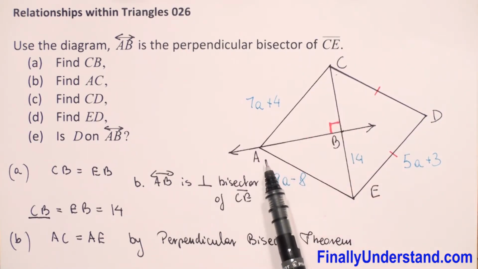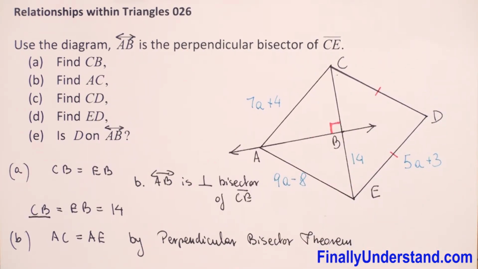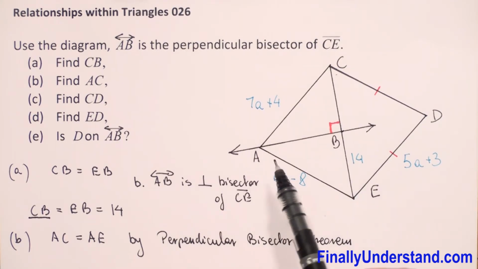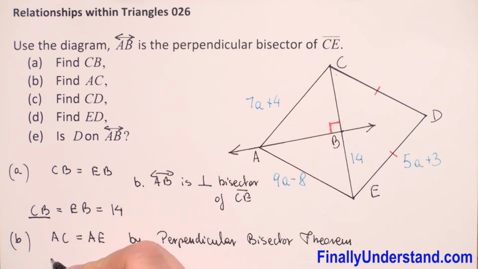So AC is given by expression 7a plus 4, so we will substitute left side by 7a plus 4, and AE is given by expression 9a minus 8.